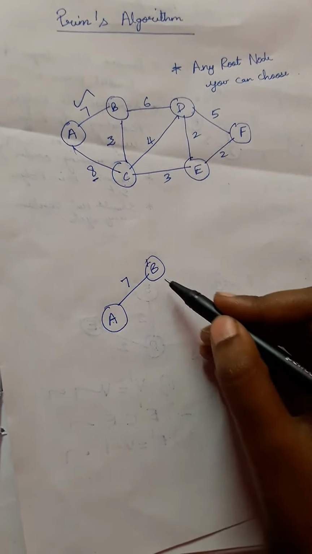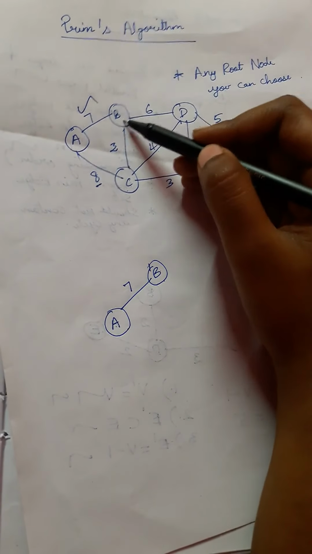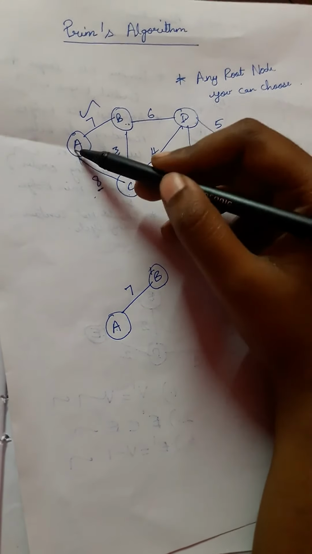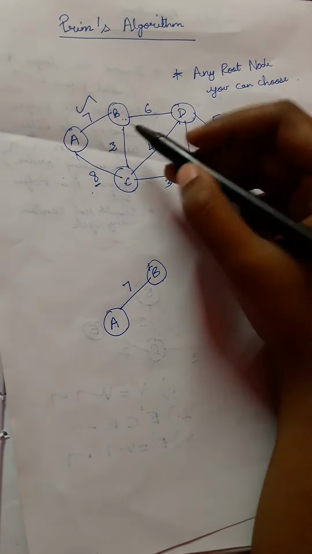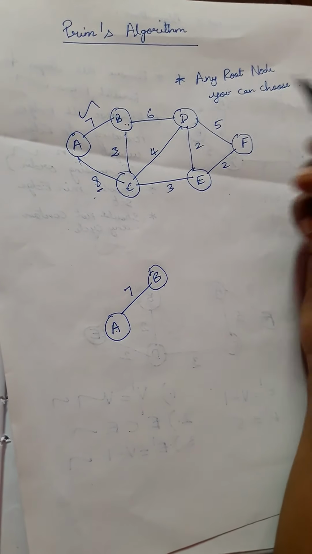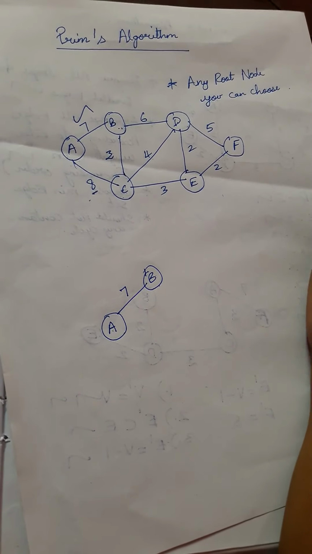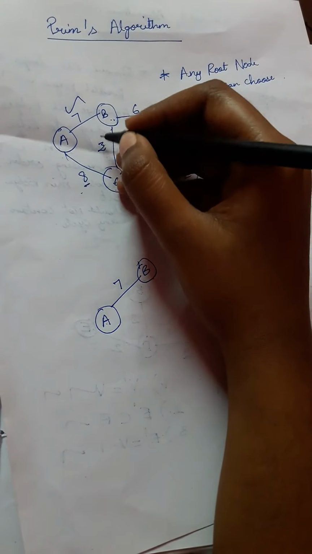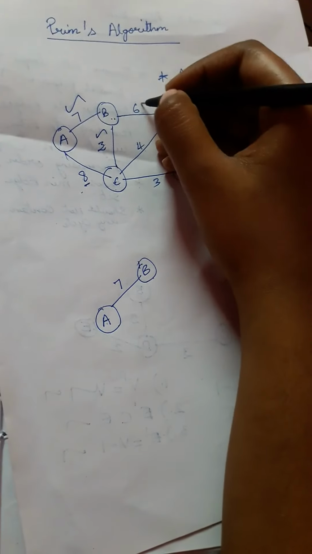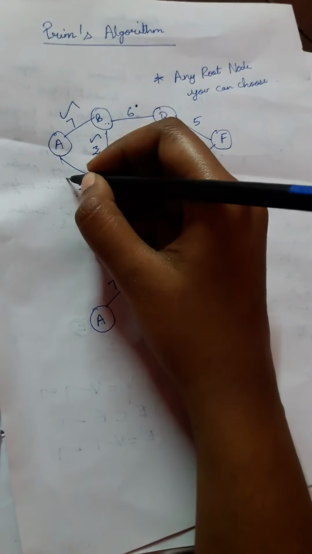Now we are at node B, and the adjacent edges are B to D, B to C, and also A to C. Compare 8, 3 and 6; which is the smallest? B to C is the smallest, so now we will take this 3. Still this one and this one are left.